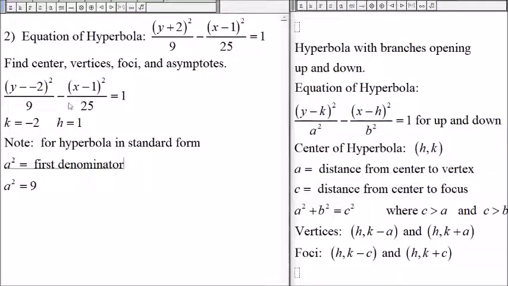And if we are dealing with an ellipse, the a squared would be the larger of the two. But for a hyperbola, a squared will always be the first denominator. And then the other one would be b squared.